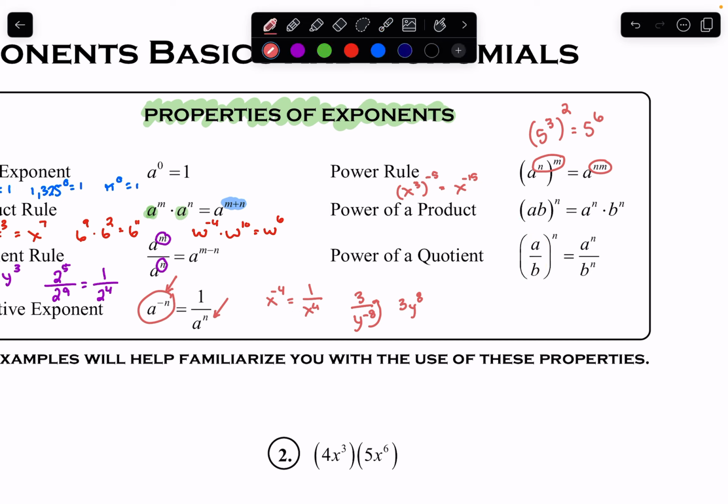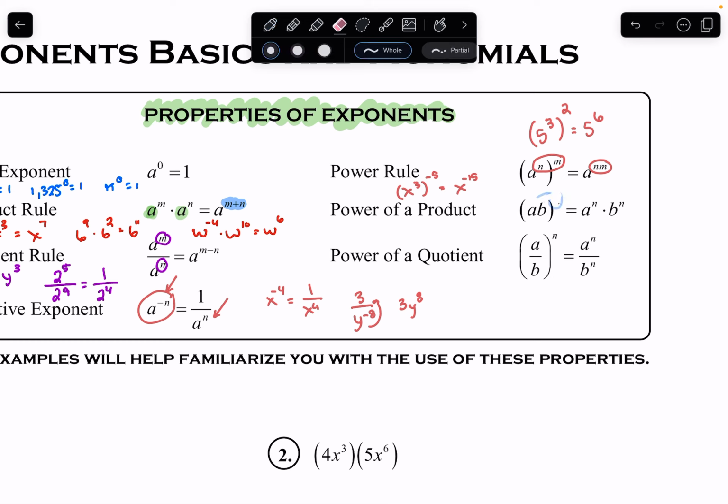So notice there is no addition, there's no subtraction, there's only multiply and divide. It's kind of like you distribute. You take this exponent on the outside and everything on the inside gets that exponent. It's just like distributing when you've got a number in front of the parentheses, but you're distributing an exponent instead of a coefficient, all right?